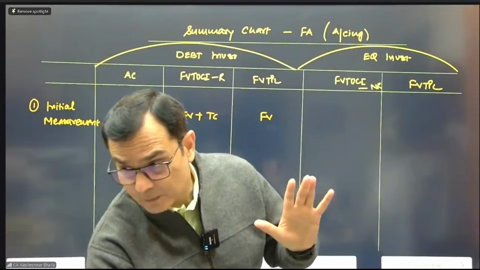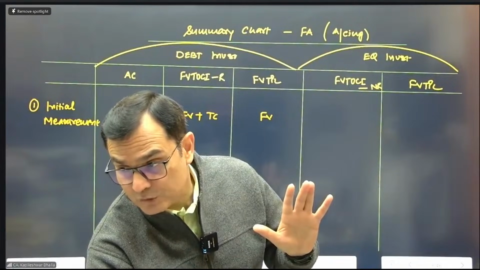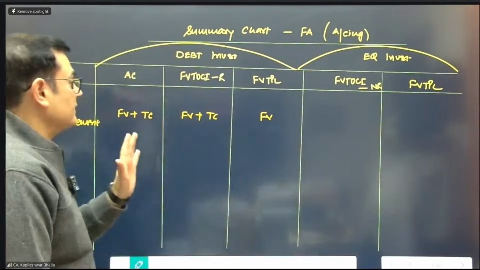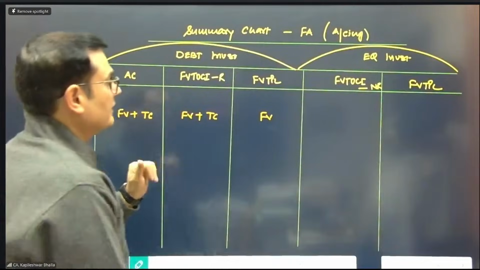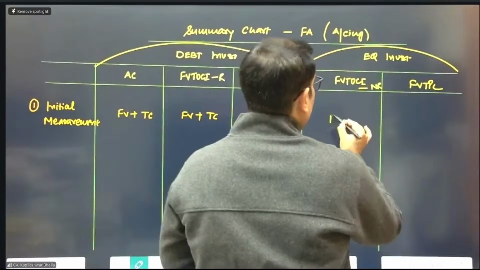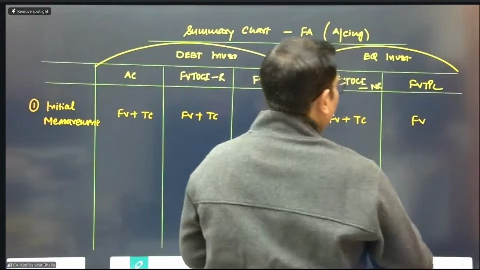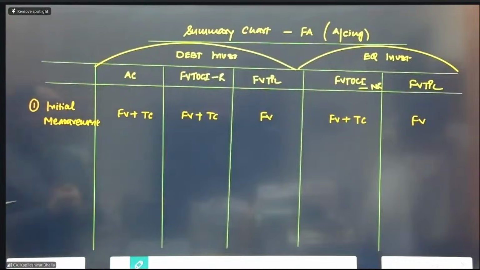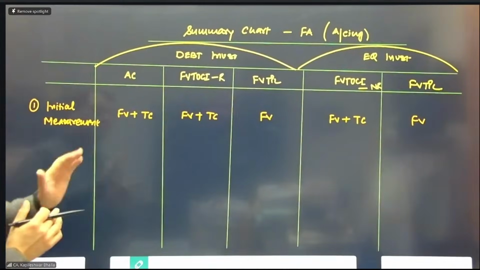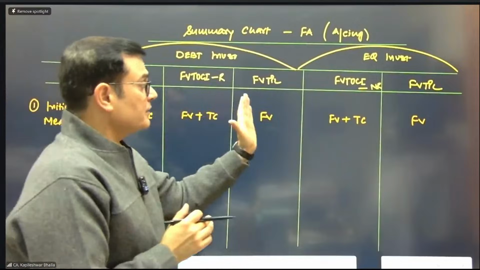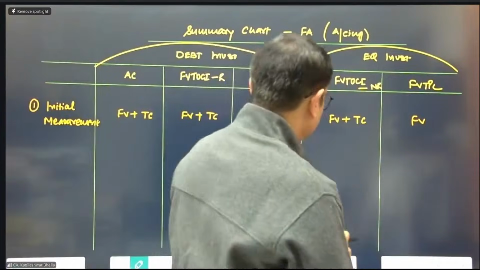So we can say that we are very clear that when it comes to TC, it's added in terms of these 2 categories. Can I say here also fair value plus TC? And here it is going to be fair value. So you can clearly see the comparative positions now. The TC is not taken only in this case.